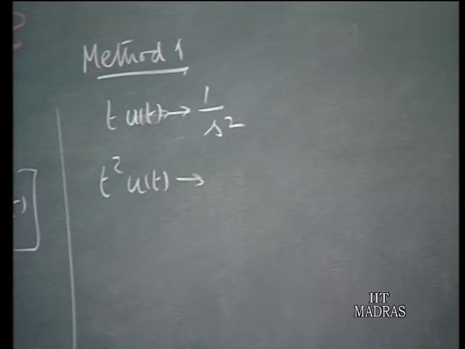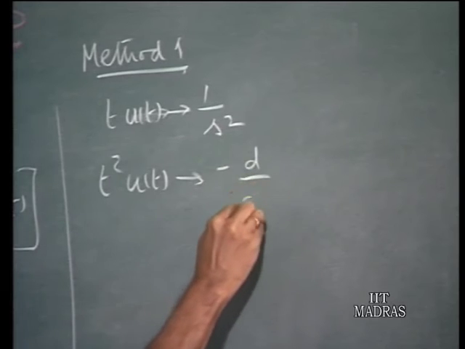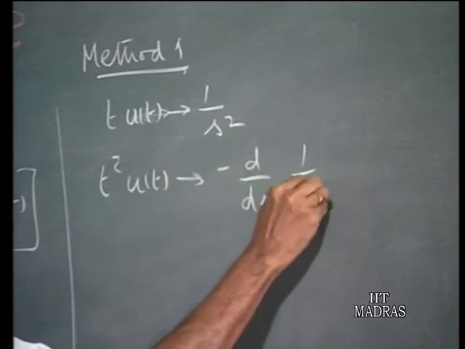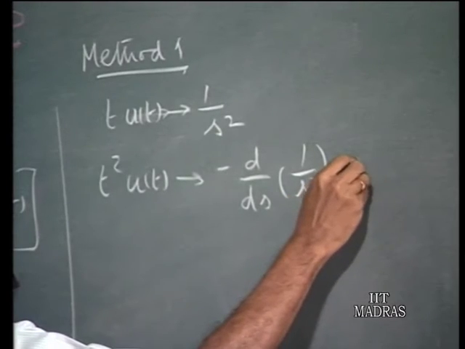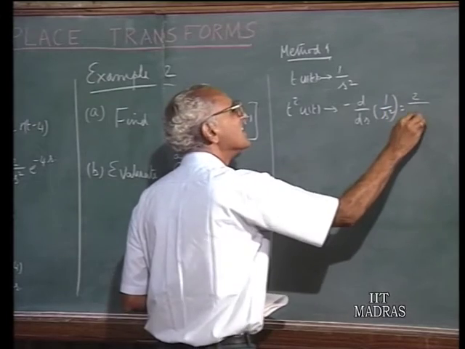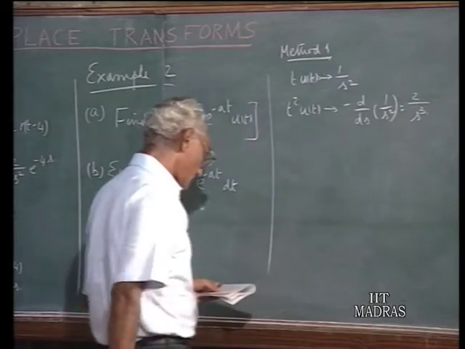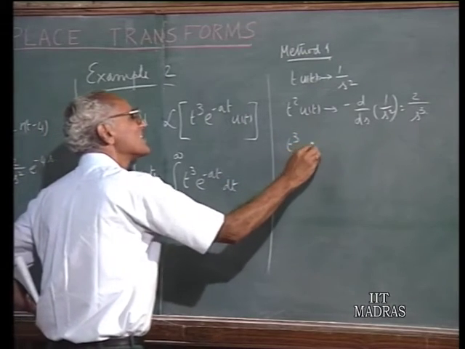Multiplication by t in the time domain corresponds to the negative of the derivative in the s domain. So, minus d by ds of 1 over s squared, which of course is 2 upon s cubed.